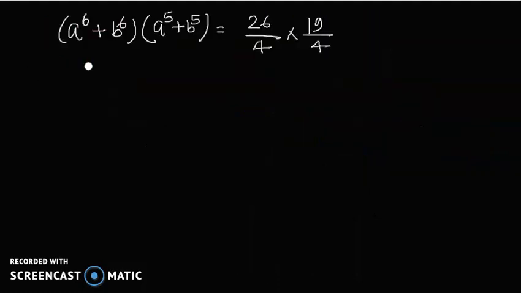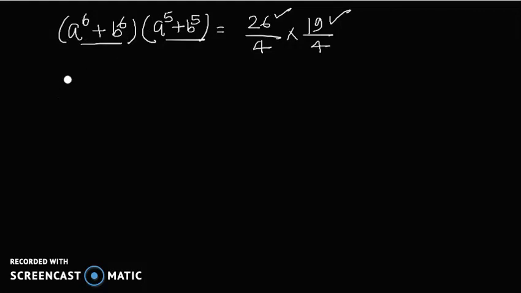Now last and final step, we will multiply a raised to power 6 plus b raised to power 6 and a raised to power 5 plus b raised to power 5, because we have to find a raised to power 11 plus b raised to power 11. So we got this as 26 by 4 and this as 19 by 4 in our previous slide. So let us multiply the left hand side.